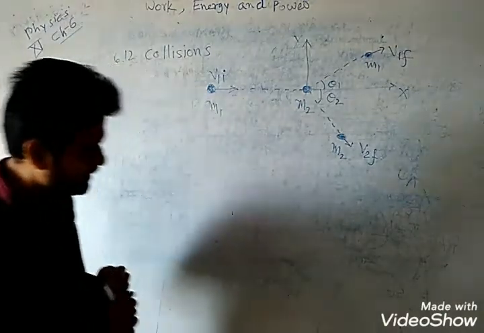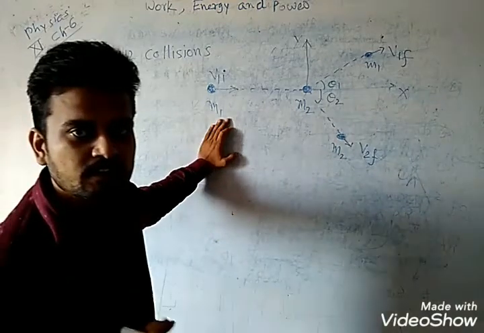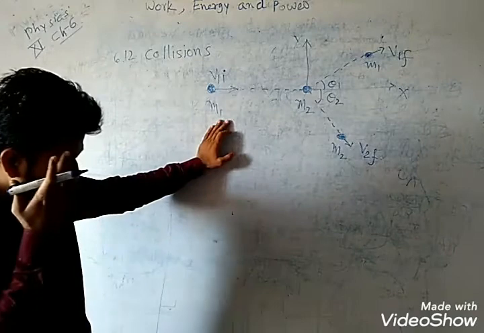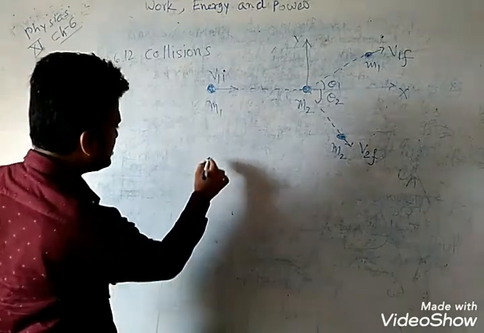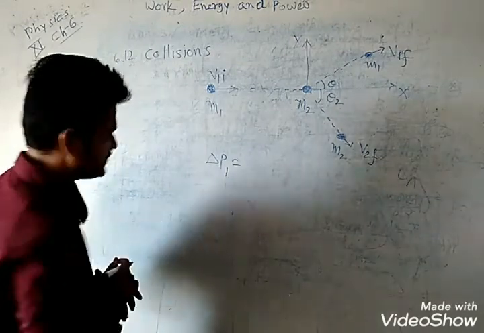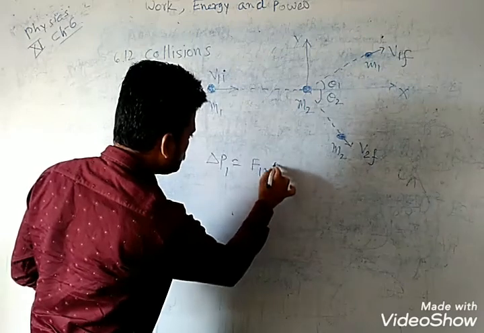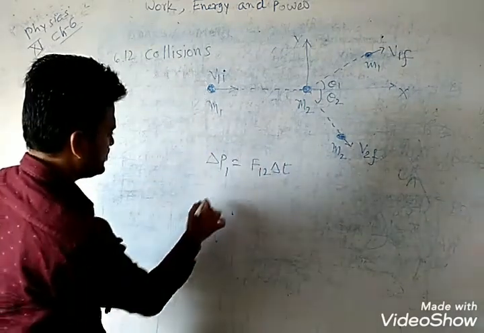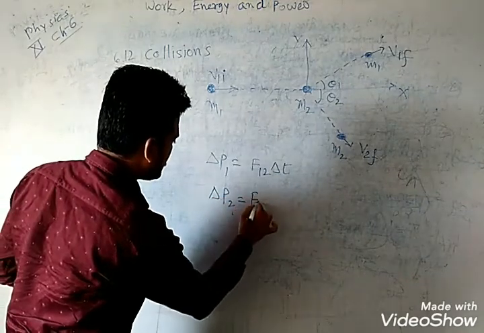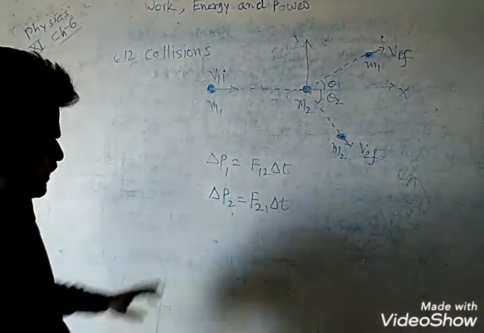After the time taken del t in the collision, for the first object del p1 is equal to F12 del t, and for the second one del p2 is equal to F21 del t.